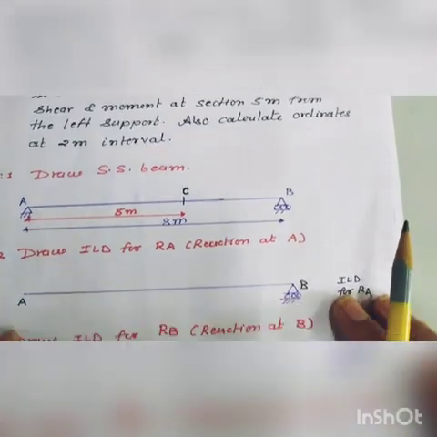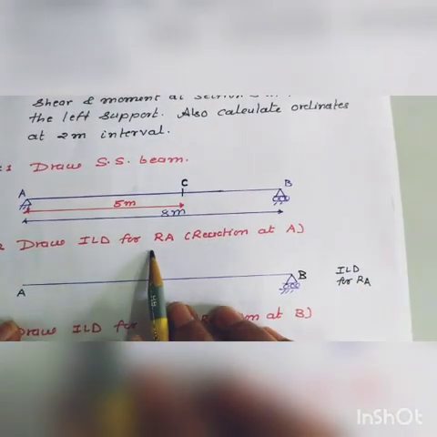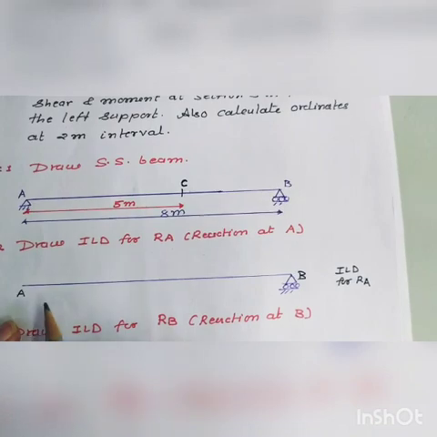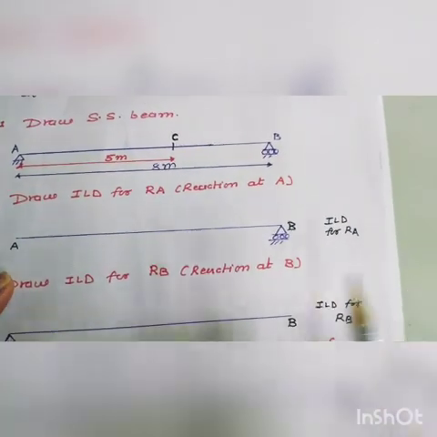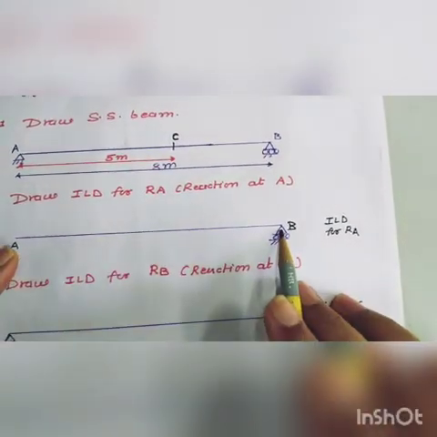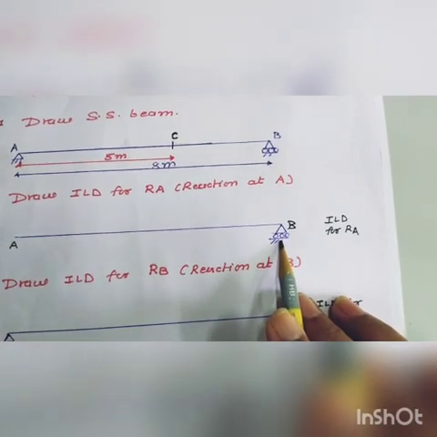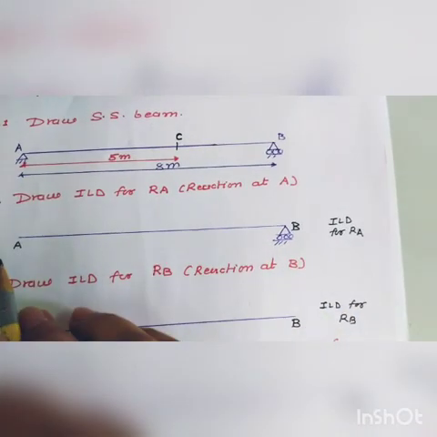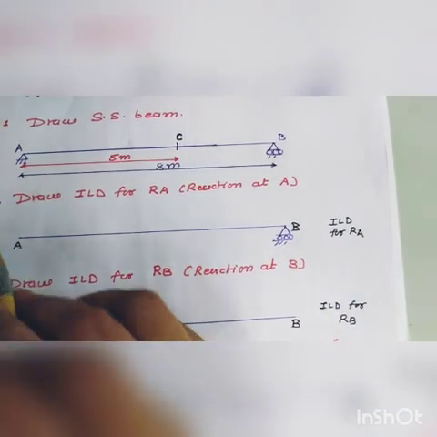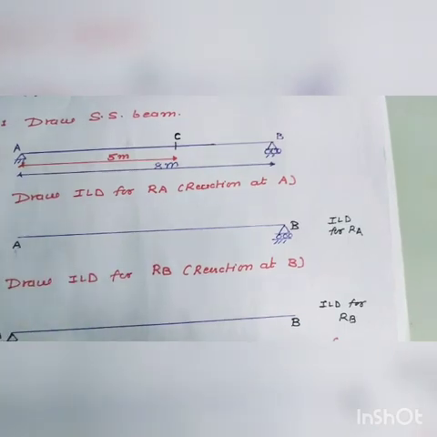Next step is to draw the ILD for reaction RA. For that, first draw a span AB with the roller support at B. Remove the support at A, and apply the vertical guided roller at support A and apply the vertical force.